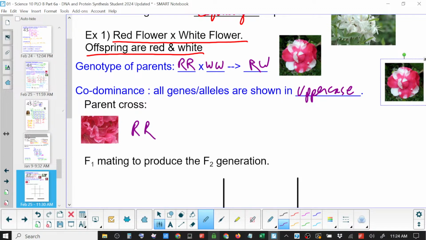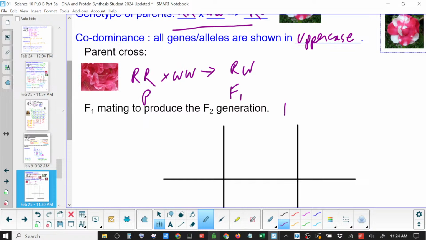I already gave it to you. So this is the parent cross. So whenever I say parent, I mean the ones I gave you. What is the F1? RW. So now, give me the F2 by filling that in there, and give the genotype and phenotype. You don't have to do it right now, like on your sheets, so that we've got everybody up.